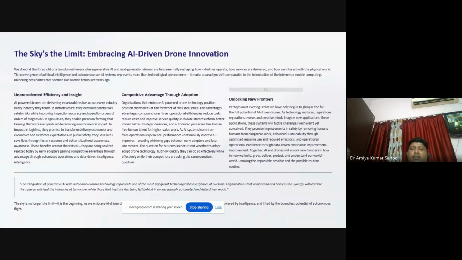Operational efficiencies reduce costs and improve service quality. Rich data streams inform better strategic decisions. All things only possible because of speed.